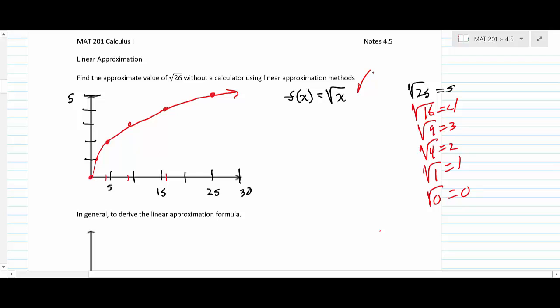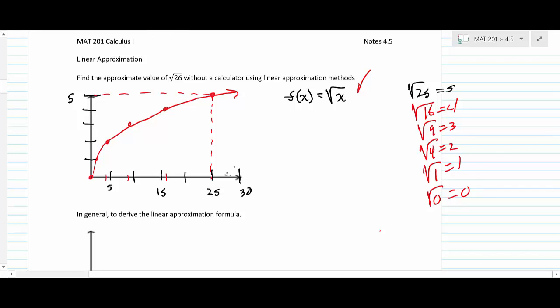So when we do a linear approximation, we're going to develop a formula for that. Let's draw a line down like that, and then over like that. We have the square root of 25 is 5.